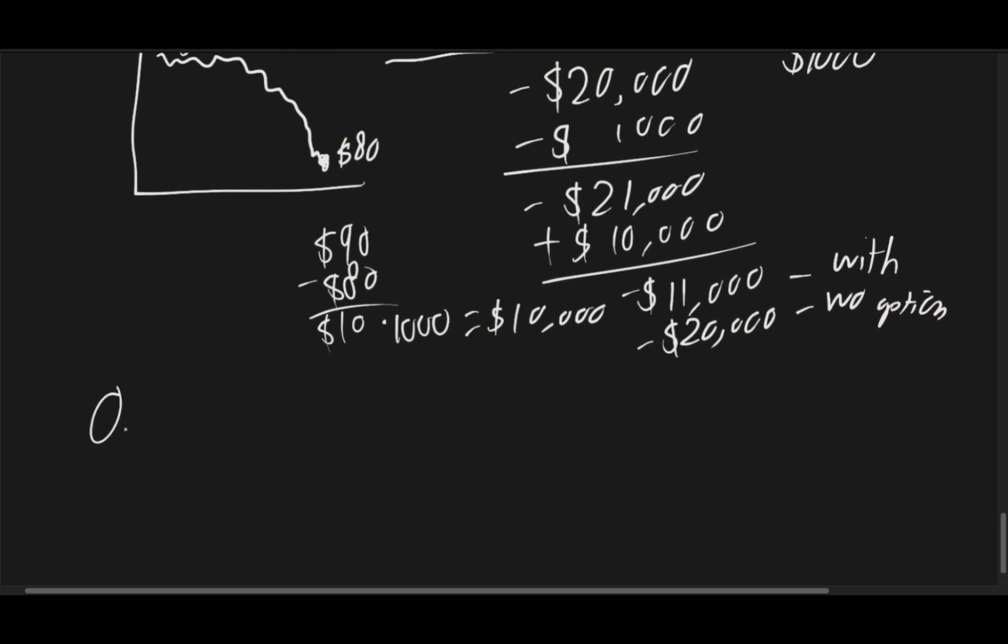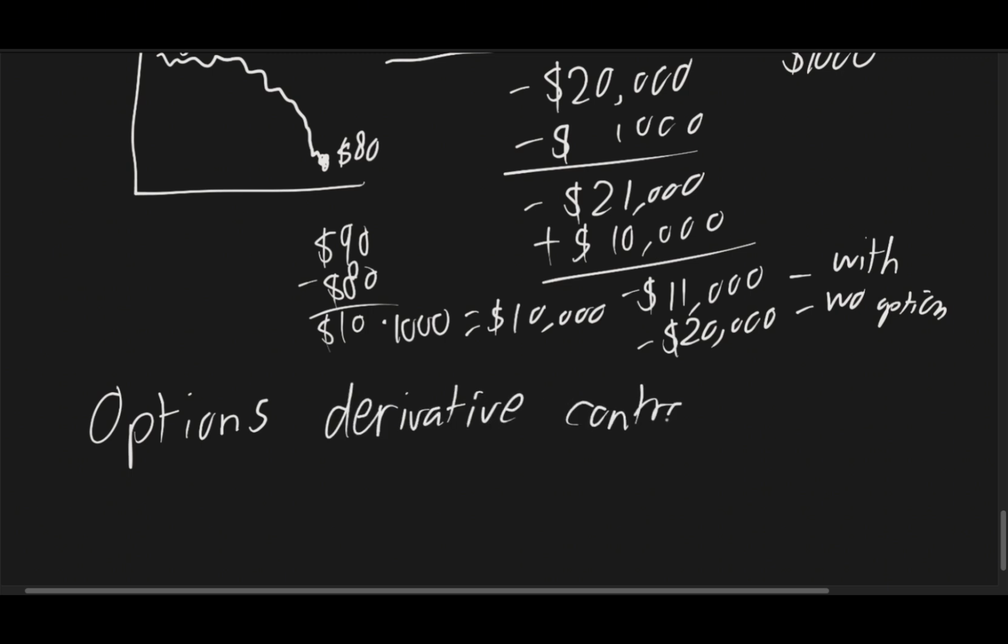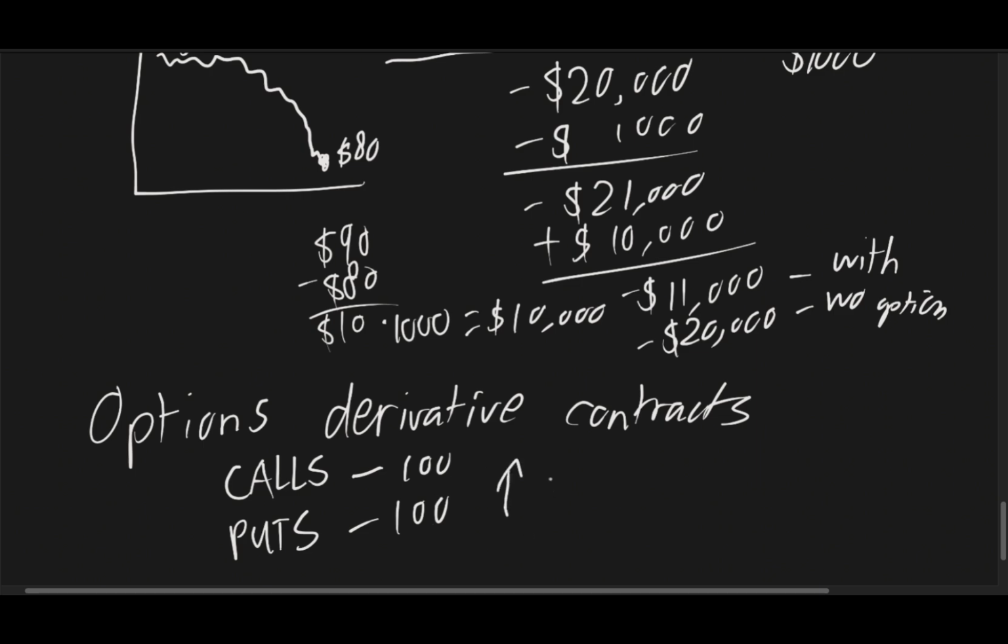So in summary, options are derivative contracts based on an asset. It could be a stock, commodity, or even currencies. There are basically two types: calls, which are bullish, and puts, which are bearish. These options control 100 shares of the company, and you can use them as leverage products because they give you more upside but also sometimes more downside.